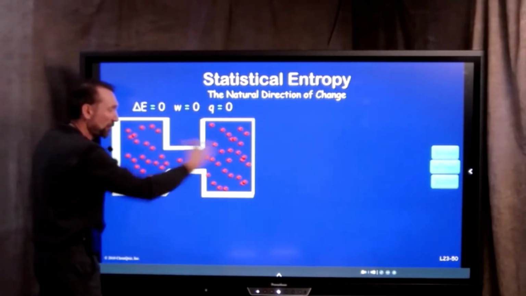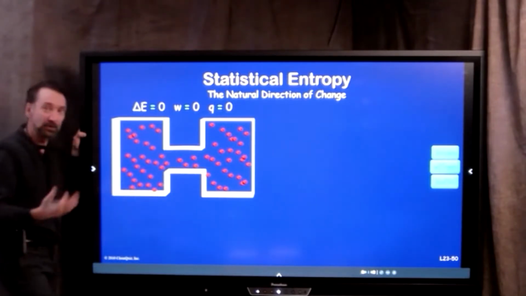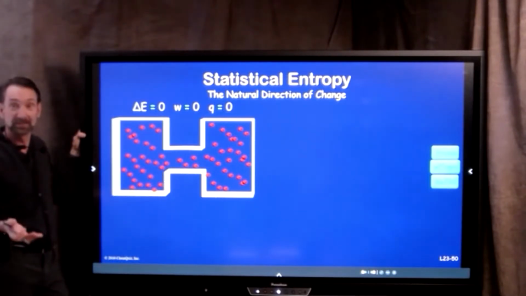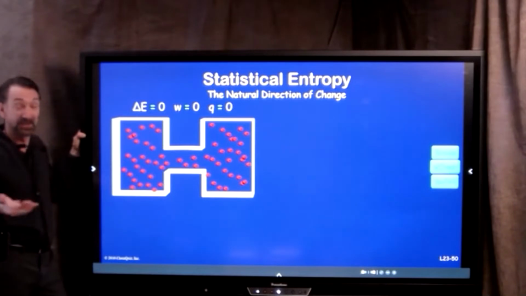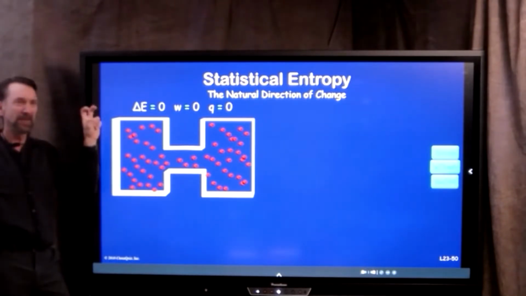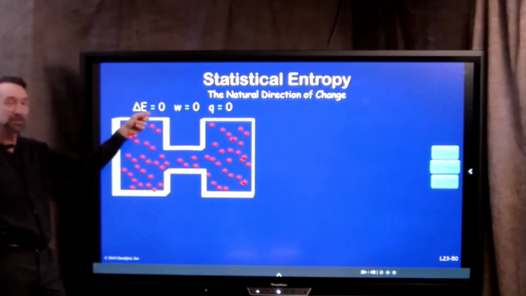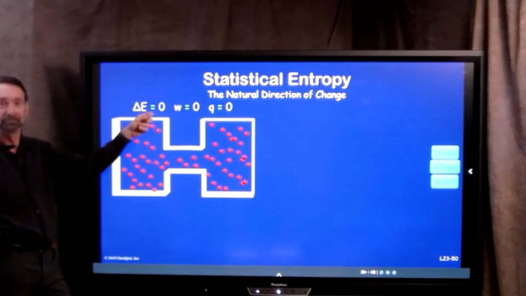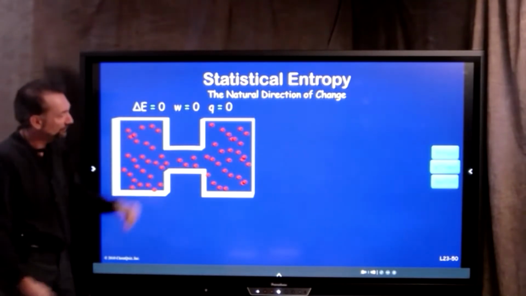So if there's no favored state, how do we pick which state is going to exist? Which is the state that we will see? What is the real favored state if it doesn't have to do with energy alone? Energy alone, I can't choose the favored state.